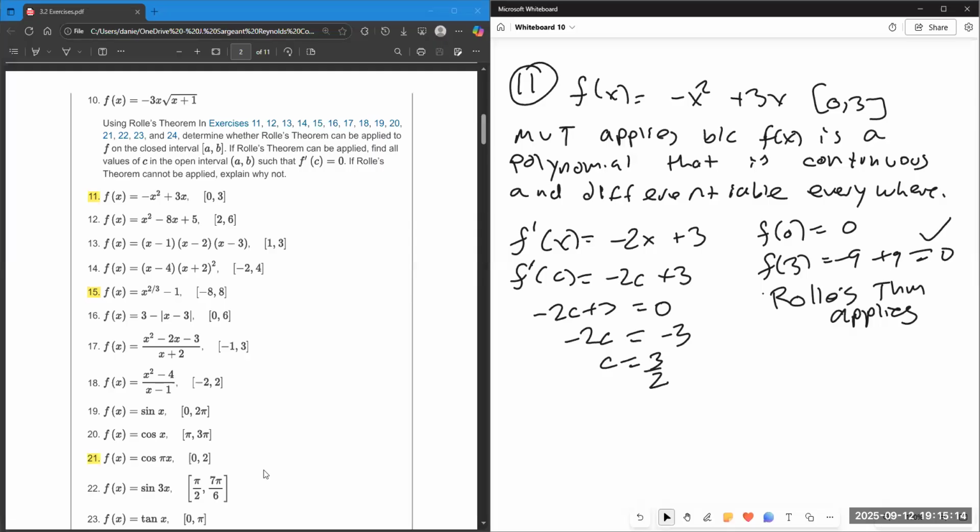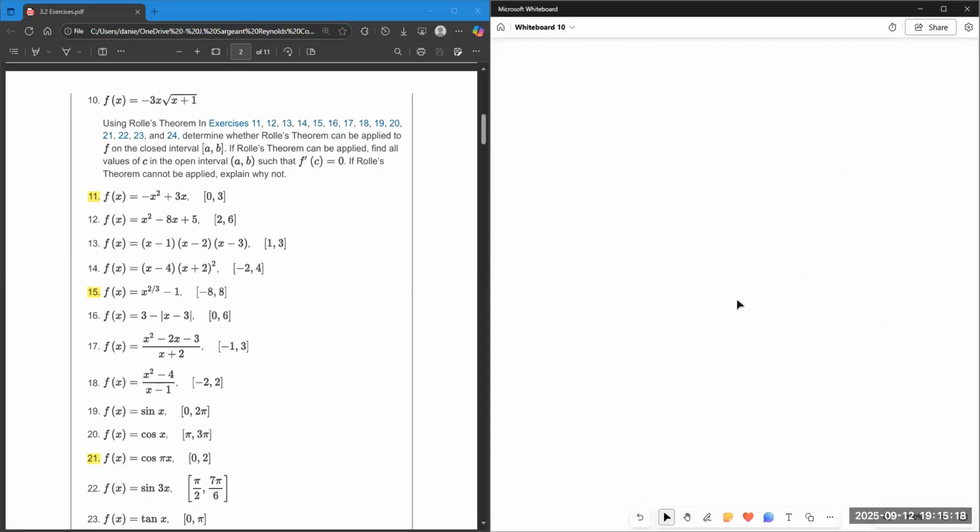Now at number 15, again, this is Rolle's theorem, so we need all 3 conditions to be met, including that f of a equals f of b. So f of x is equal to x to the 2/3 minus 1 on negative 8 to 8.